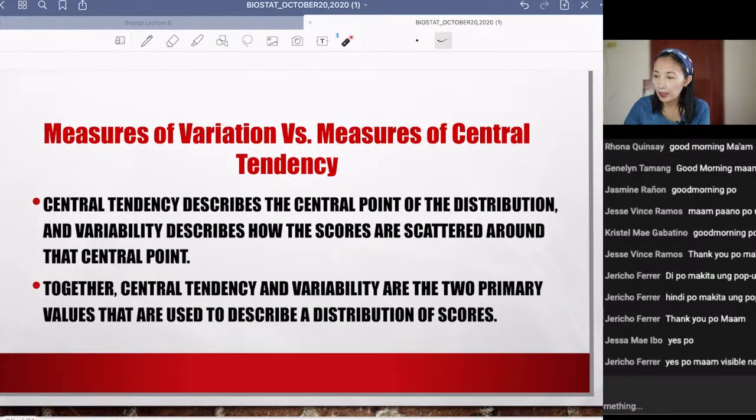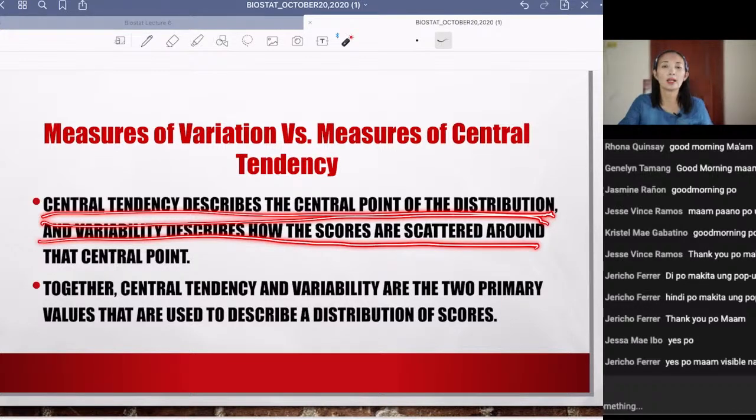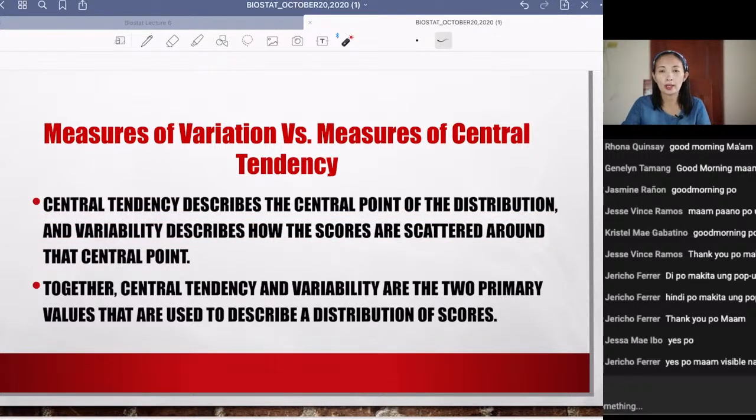Now, let's compare and contrast variation, dispersion, or variability, measures of variation, and measures of central tendency. Central tendency describes the central point of the distribution, and variability describes how the scores are scattered around the central value. How far apart are the scores from the central value?